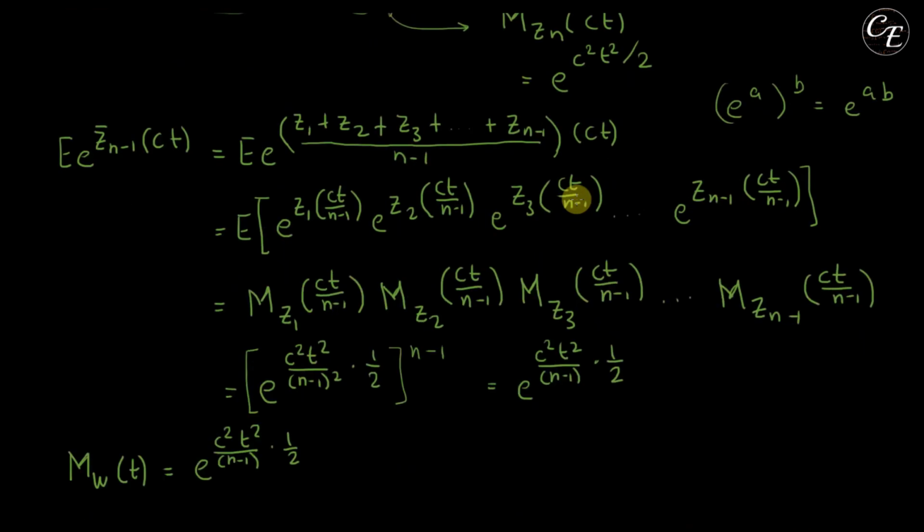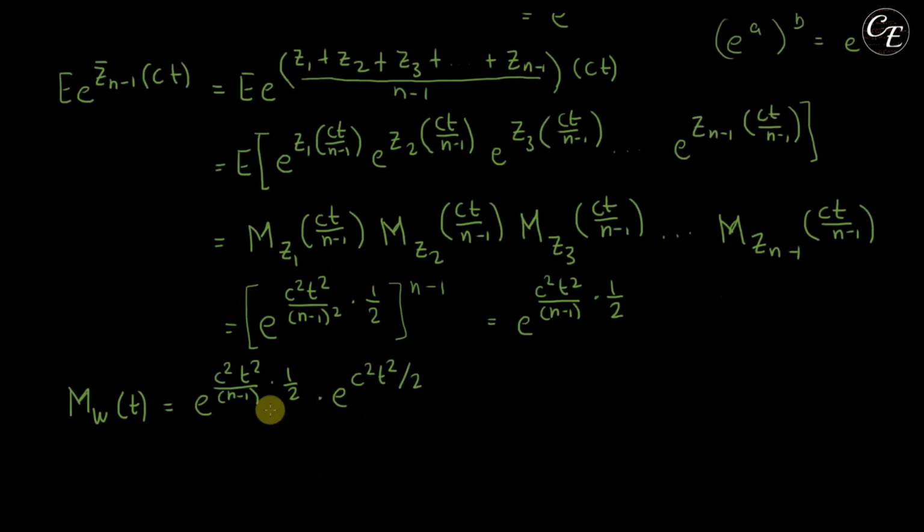So we have here times e raised to c squared times t squared over 2. And then we can combine both exponentials. We have here e raised to, we have a common term, c squared t squared over 2. And then what is left in here is 1 over n minus 1, and in here is just 1.